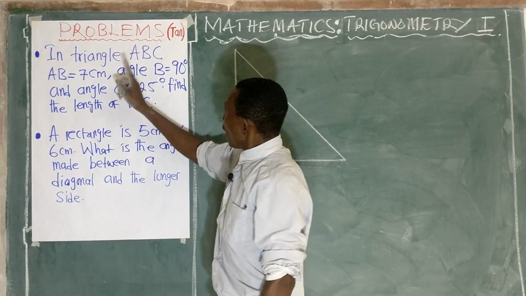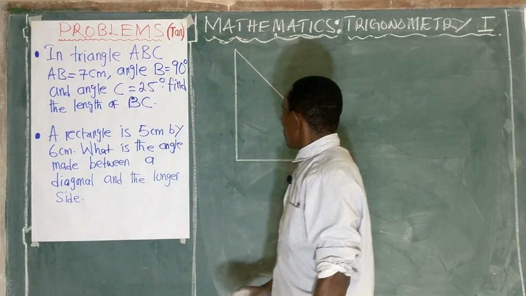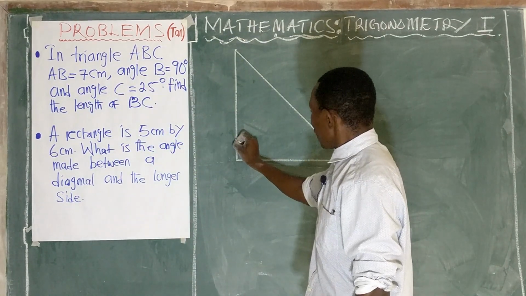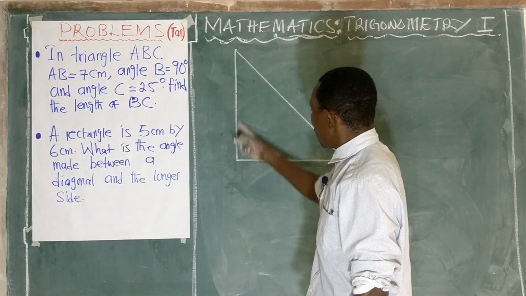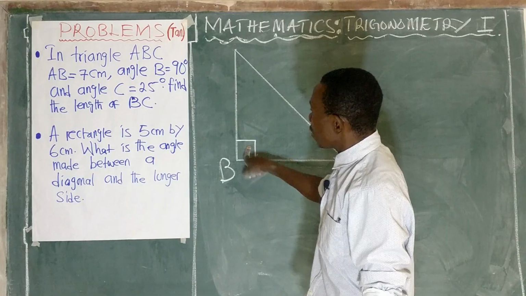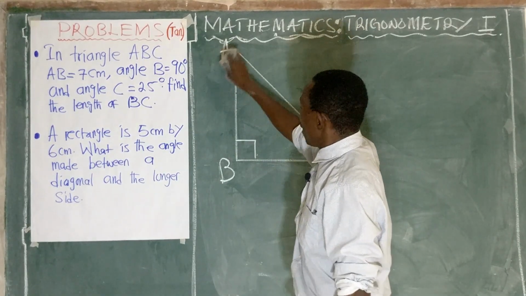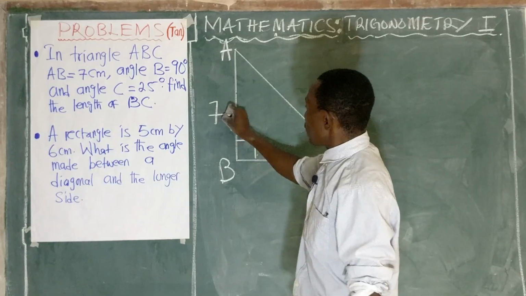They say AB is 7 centimeters, angle B is 90. So I'll first of all have 90 degrees, set it where I've already drawn the symbol. This is my B, it's 90 degrees. And then the other letters, I'll just write them out. This is A, B. So I take this one as 7.